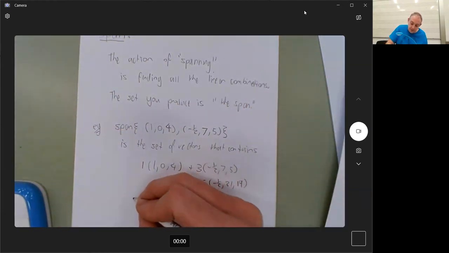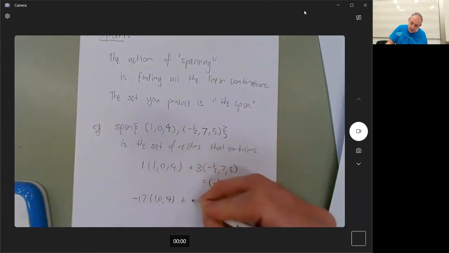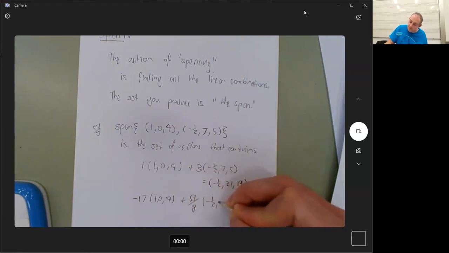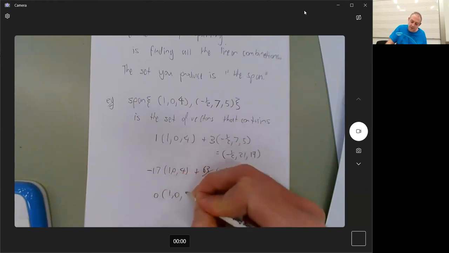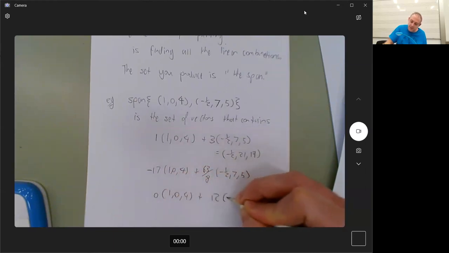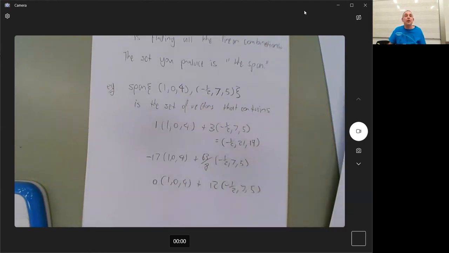It contains -17 of this vector and 63/8 of this vector, and it contains none of this vector and 12 of this vector, and every possible combination that you could think of, and also the ones you can't think of, they're all in this span.